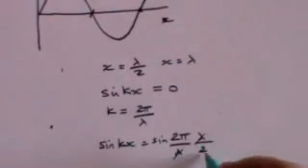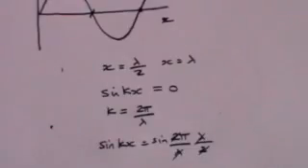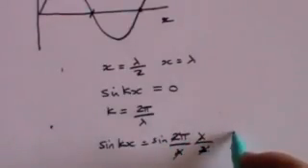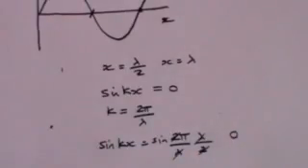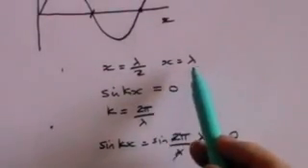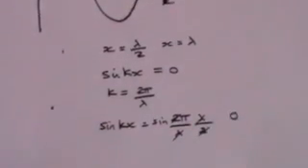The lambdas obviously cancel, the 2s cancel, and you get the sine of pi, and the sine of pi is 0. If we do the same calculation for x equal to lambda instead of lambda over 2, then sine kx is equal to the sine of 2 pi over lambda times lambda. Lambdas cancel and you get the sine of 2 pi, which is 0.